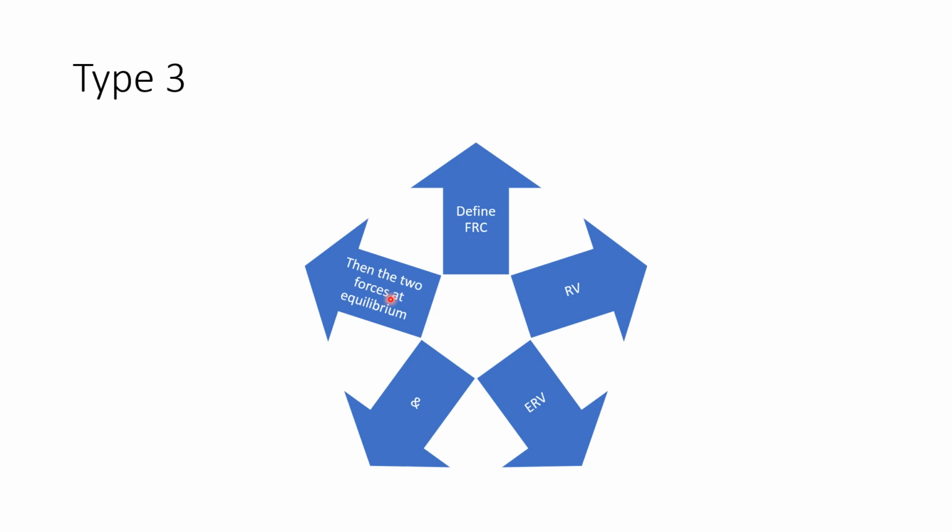Then the second force here will be the chest wall that wants to expand. So here is the explanation. The alveoli elastic tissue will like to recoil, shrink, while the chest wall will like to expand.